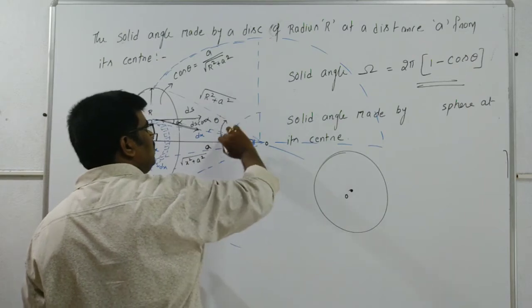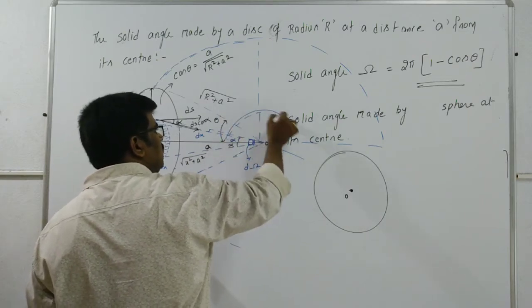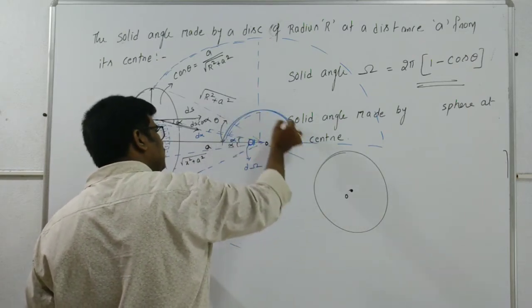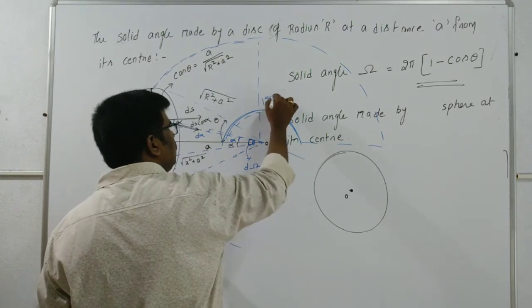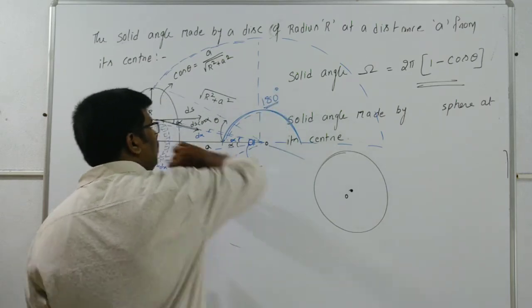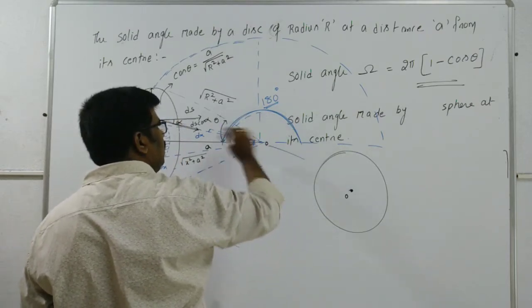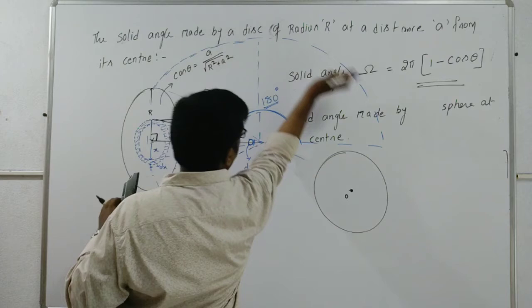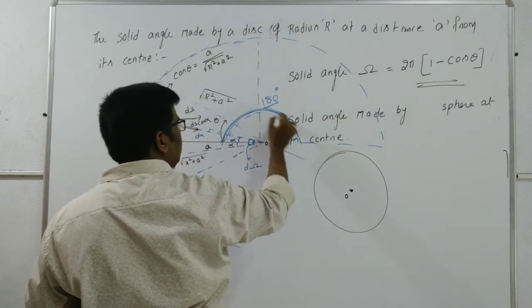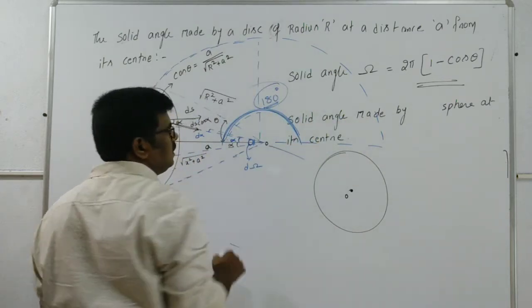Now how much does theta become? Theta becomes 180 degrees, or not? For a complete sphere, theta goes from here up to here, so this angle becomes 180 degrees.